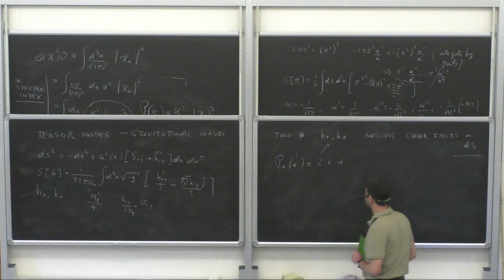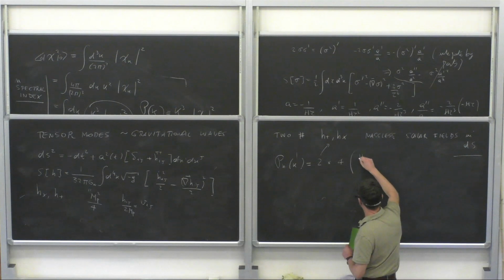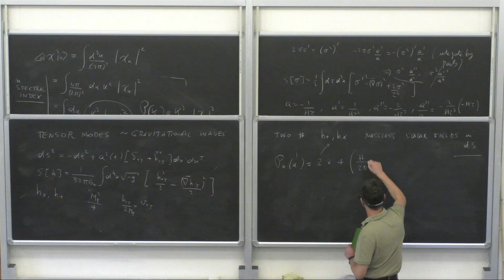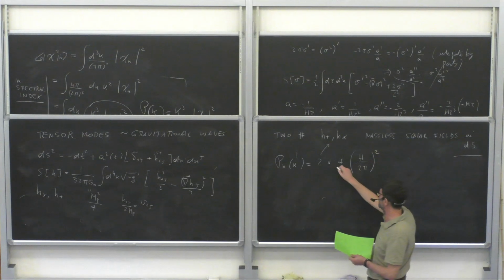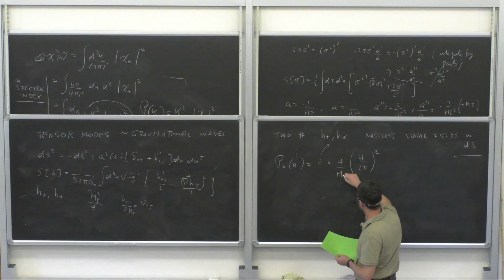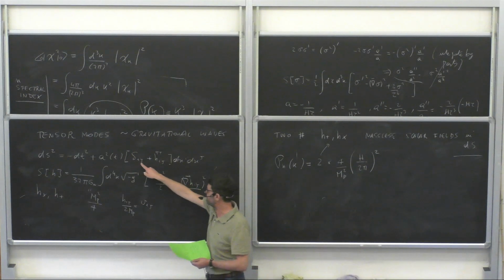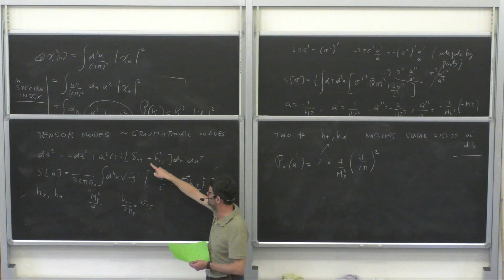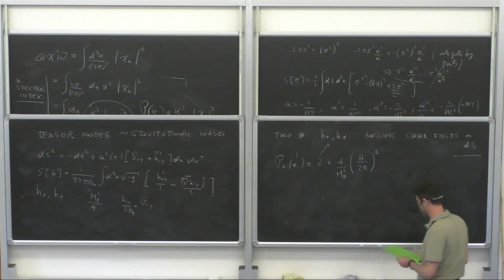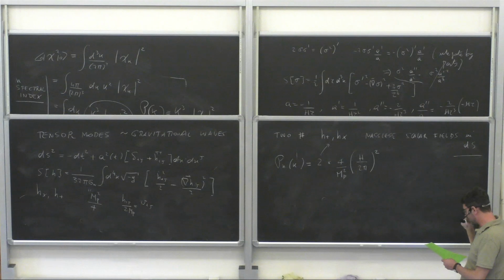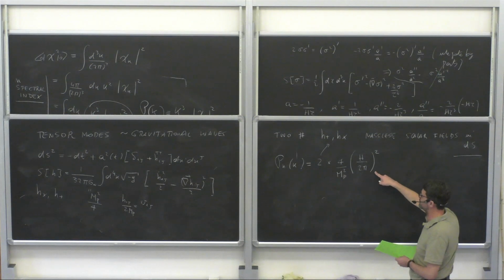Then I have H over 2 pi squared, and then of course the M Planck squared, because the H are dimensionless quantities, the way I define them. They are just numbers. They don't have dimensions of energy. So that is the power spectrum of the tensor modes, as simple as that.